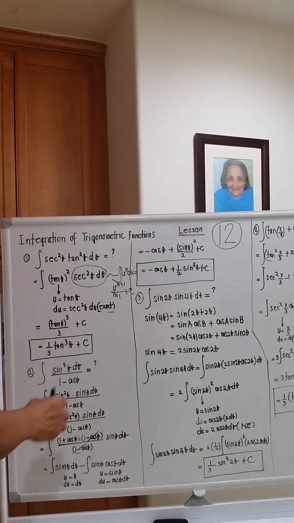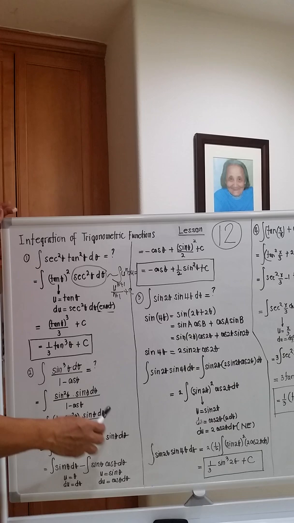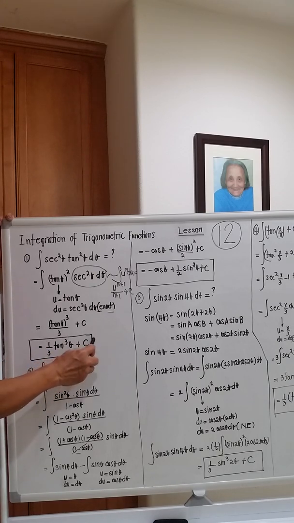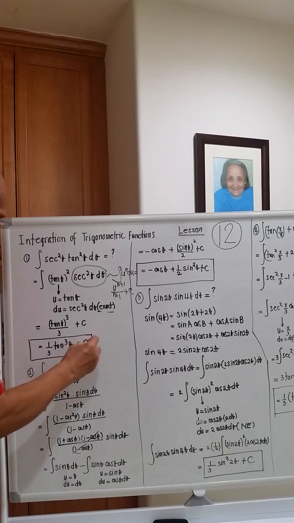Correct? So if we follow this, the final answer should be tangent of theta raised to 2 plus 1, which is 3, all over 3 plus c. Final answer will be 1/3 tangent cube of theta plus capital letter C. Final answer.